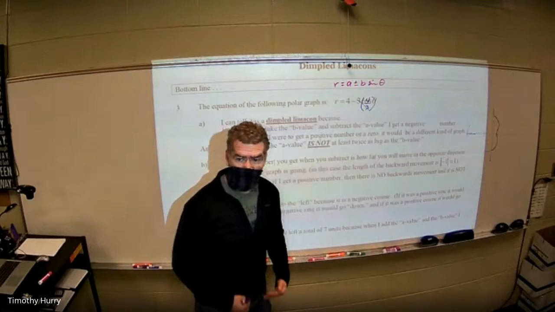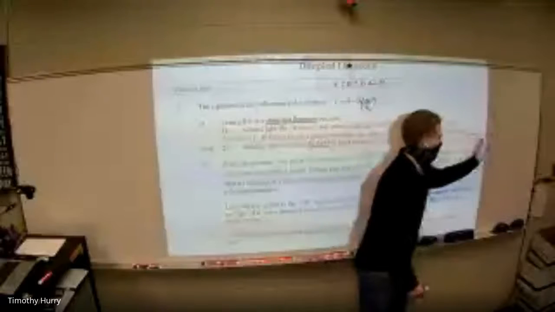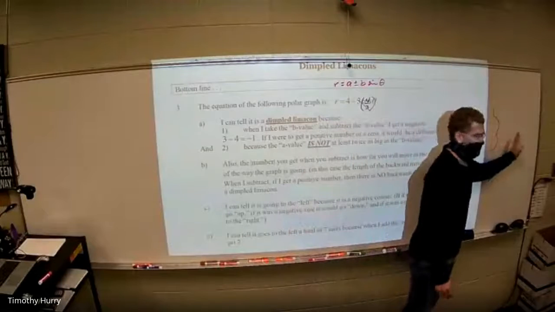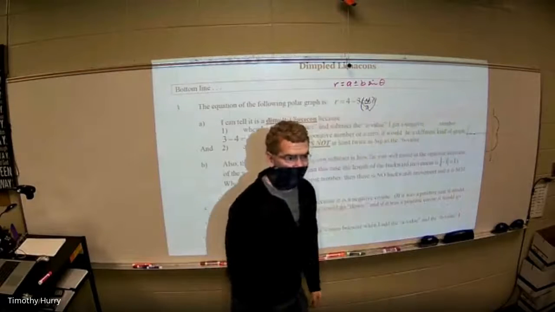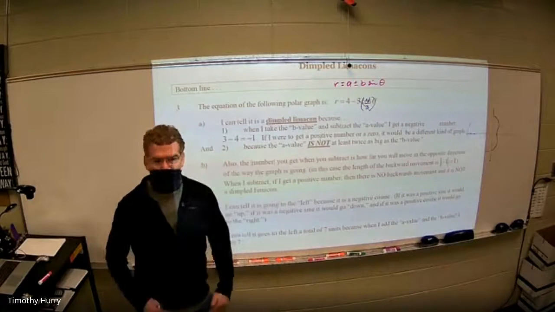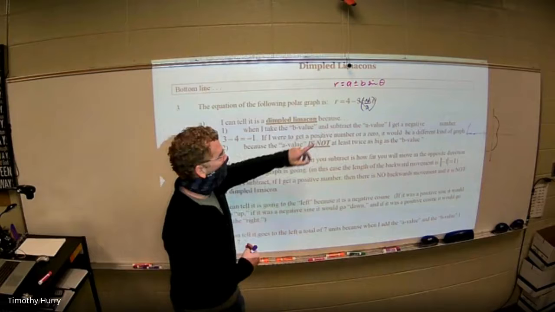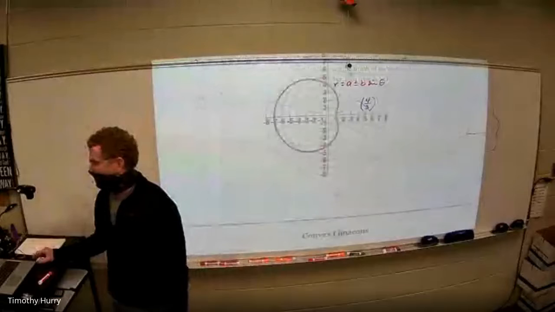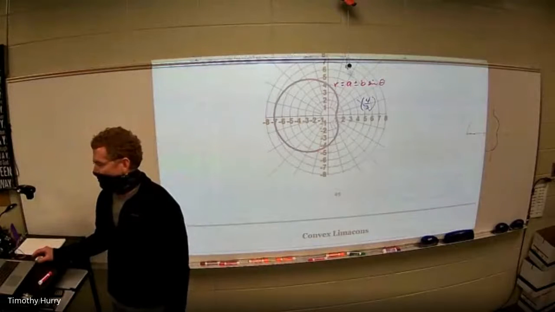Okay, how about the difference between these? So if the difference is 1, go 1 back. If the difference is 3, go 1, 2, 3 back. Now, that right there is a dimpled limaçon. Now, if the number is twice as big or more, see, that's the dimple. See how it kind of rolls through there and it doesn't dip?